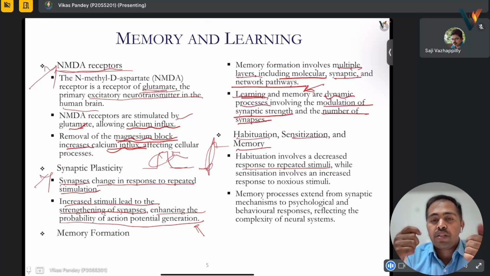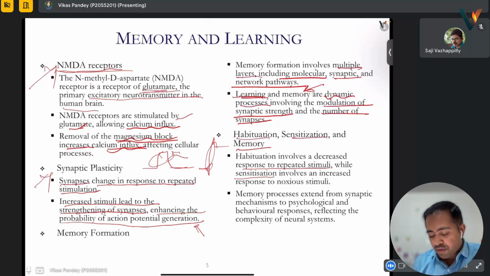This is called habituation. While there is something called sensitization, which involves increased response to noxious stimuli, even with a smaller number of stimuli. So this is something different than our memory formation. The memory process extends from synaptic mechanism to psychological and behavioral response.